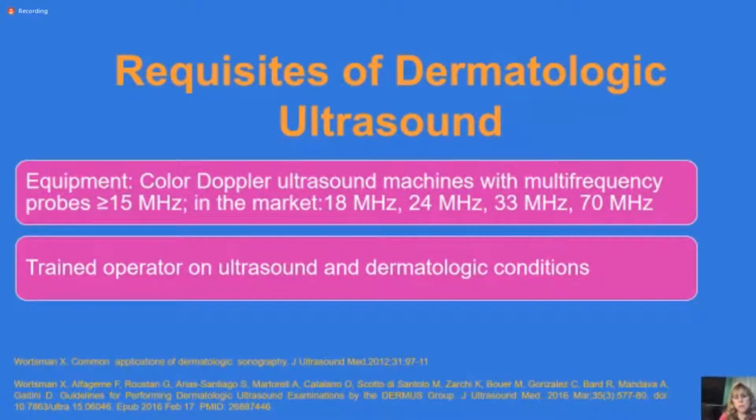What are the requisites for performing dermatologic ultrasound examinations? First, you need proper equipment, and this equipment should be a color Doppler ultrasound machine with a multi-frequency probe that could go up to equal or higher than 15 MHz.